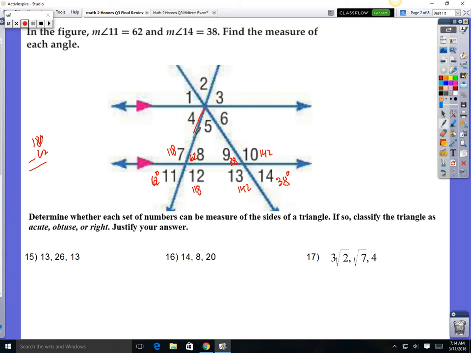I'm going to find angle 5, because these make a triangle, and in a triangle, there's 3 angles, and they've got to add to be 180. So I'm going to do 180, subtract 62, subtract 38, and whatever is left over has got to be angle 5. So 180 minus 62 minus 38.